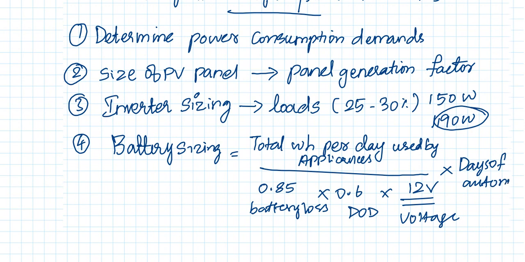So the battery is capable of supplying the appliances without charging for the next 3 days. However many days you select, accordingly you have to select the battery sizing.